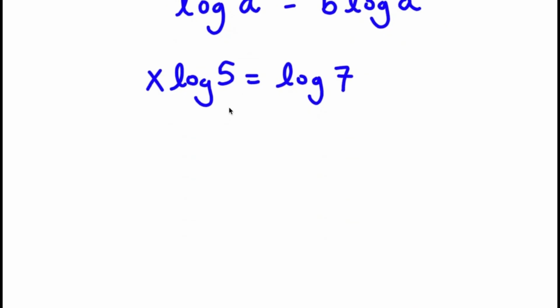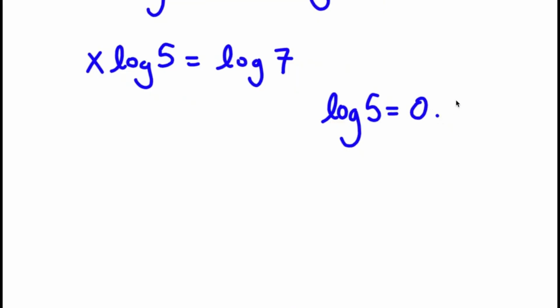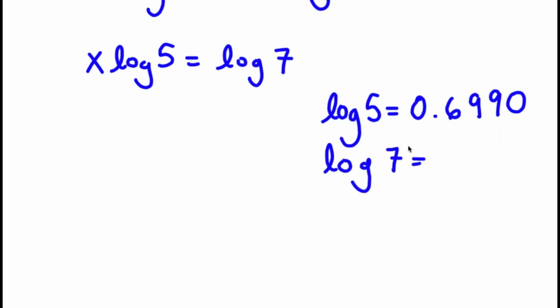Now, to simplify this, the value of log 5 is approximately 0.6990, and log 7 is equal to 0.8451.